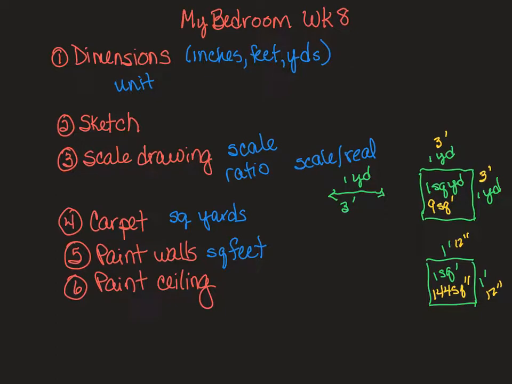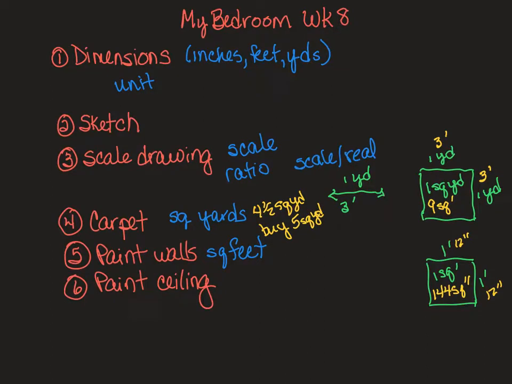So if I have 4.5 square yards, that's what I need to cover, okay? I'm going to have to buy 5 square yards. Okay, so you need to keep that in mind when you're talking about cost.